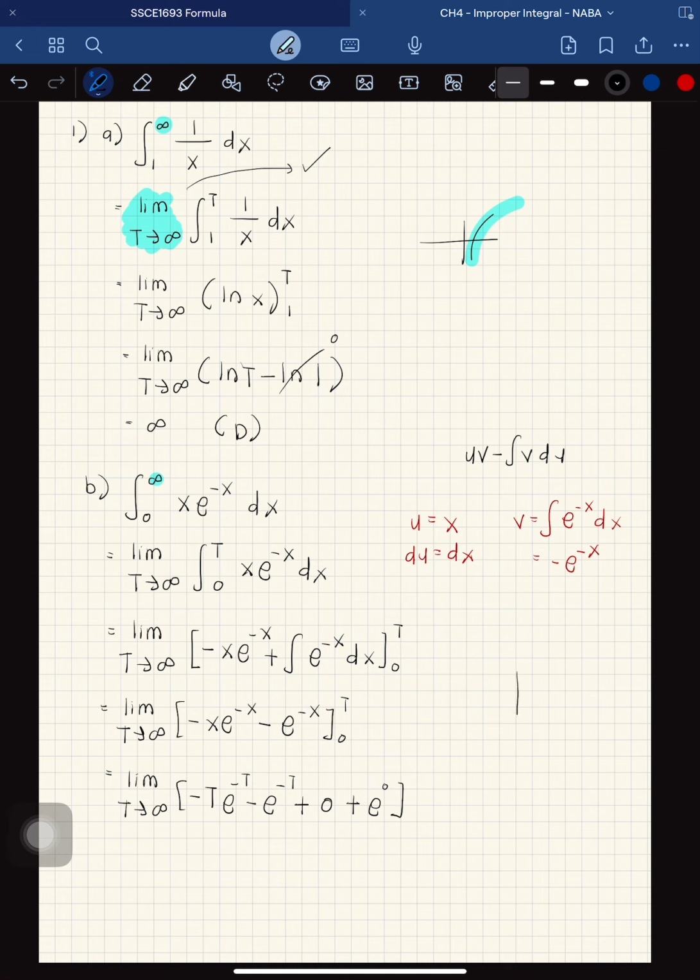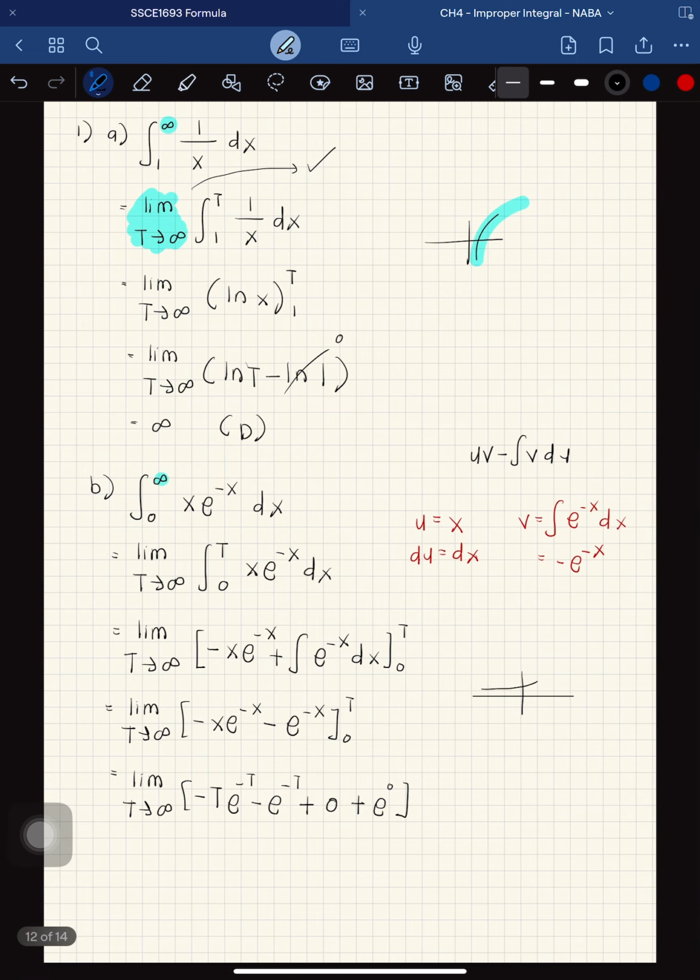So this is the graph for the exponential. We have the limit approaching negative infinity in the exponent, so it approaches 0.